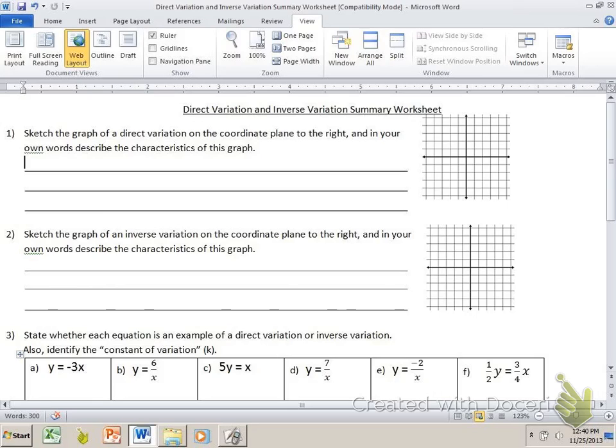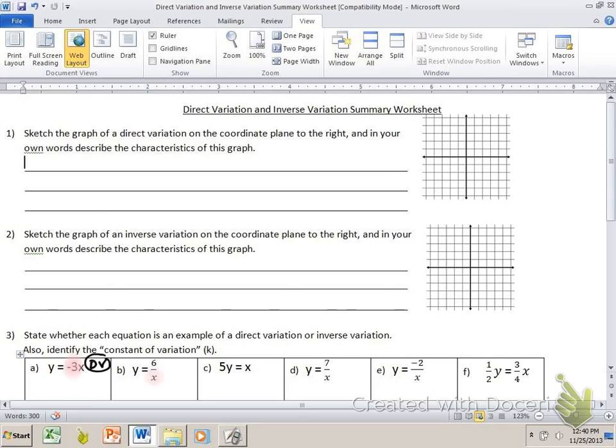Alright, let's take a look at the first one, number 3a. Okay, y is equal to negative 3x clearly falls into the form of y equals kx, which means that this is a direct variation, and the k is going to be the negative 3, right here. Okay, there's my k. Take a look at b.